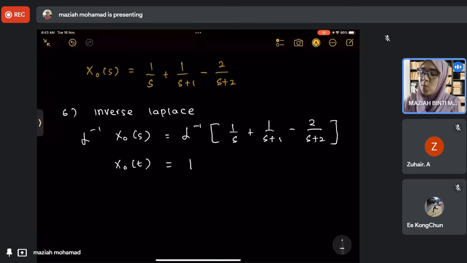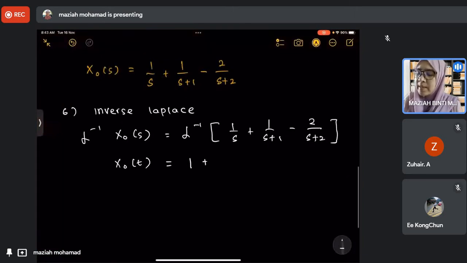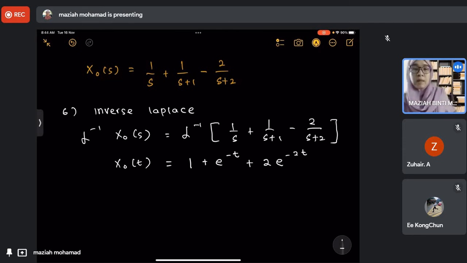So it becomes 1 plus exponent negative t plus 2 exponent negative 2t. So that is our equation for our time response, which is the solution for the Laplace form here.